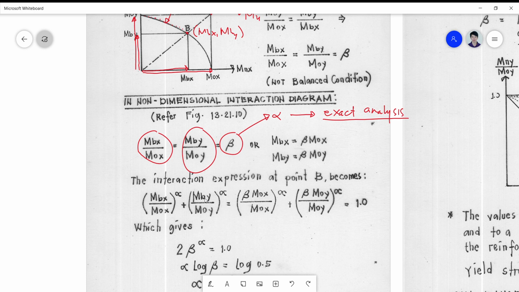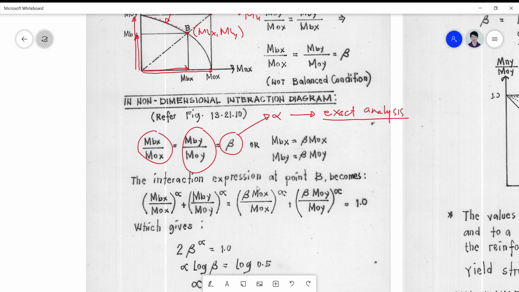And this ratio now, MBX over MNX, is actually the one defined by your dimensionless interaction diagram. Okay, by the way, it's called dimensionless because there's no unit here if you divide the two moments. So that's why it's called a dimensionless interaction diagram. Actually, to make it exact, this is a non-dimensional contour diagram, not interaction. Okay.